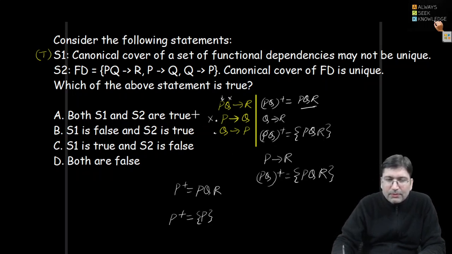So that means this P implies Q is one of the essential rules.